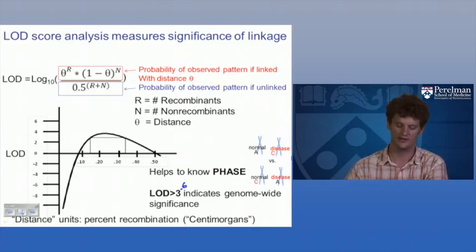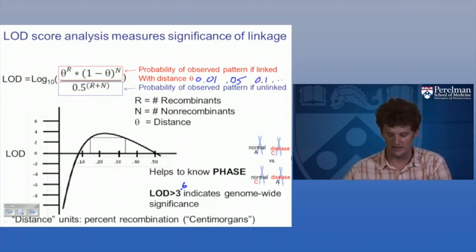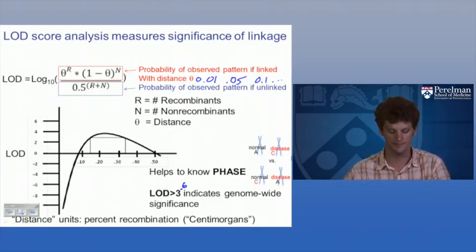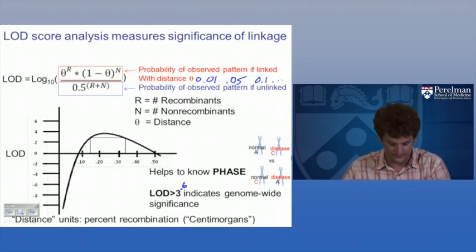And we can try different distances, so we can try 0.01, 0.05, 0.1, and try different possible distances. Then we compare that probability with the probability of getting the observed pedigree if they weren't linked. That's just going to be 1/2 to the number of informative individuals.